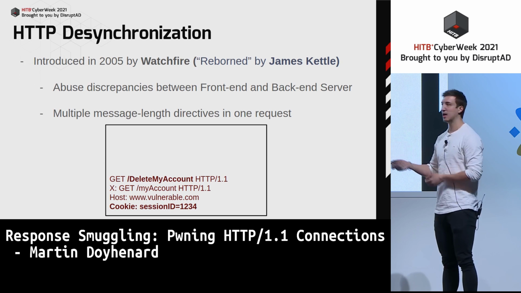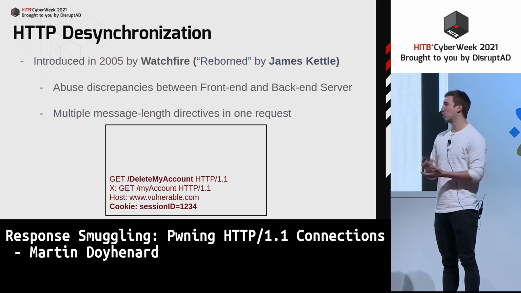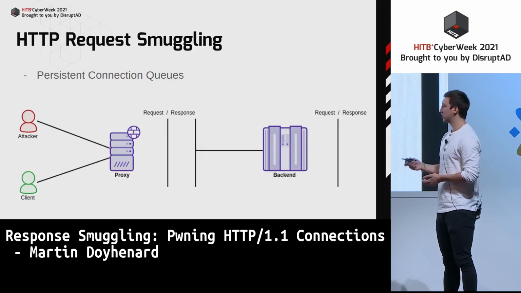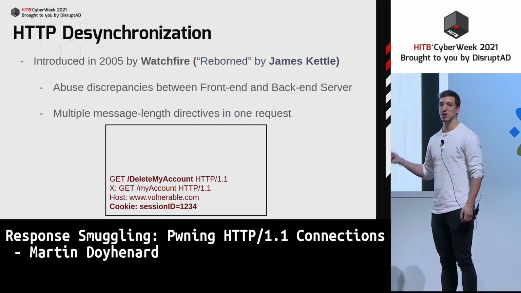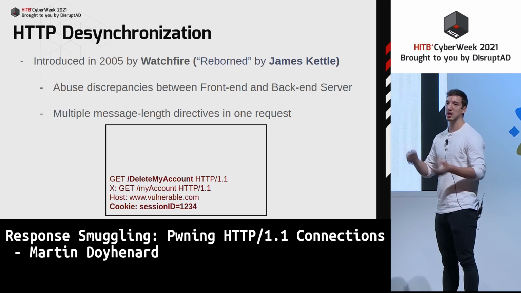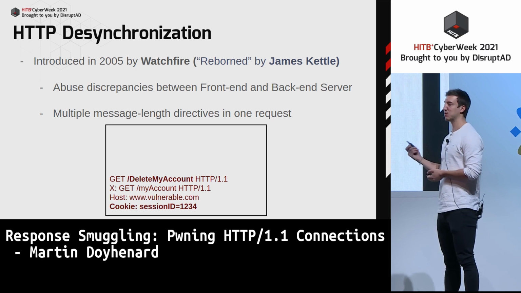In this case, we can see that it will use the cookies and the session ID, so probably the account of the victim will be deleted. But also the response of this request will be sent back to the victim. So if the response contains any malicious payload, such as JavaScript, this will be executed in the victim's browser.